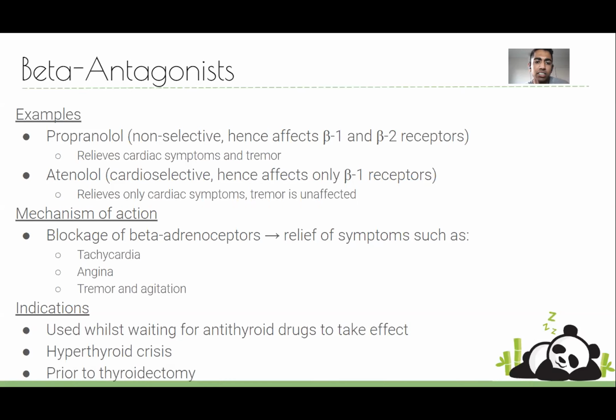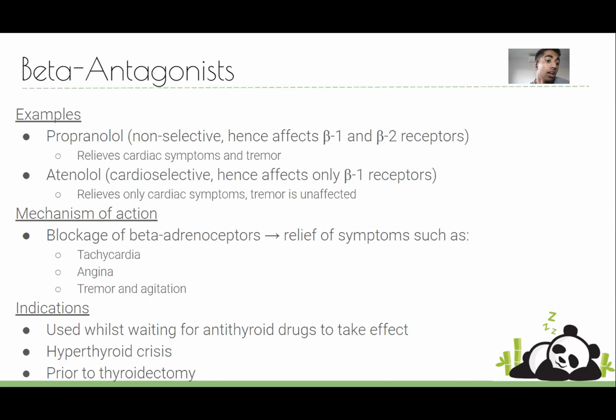So we use beta antagonists as our bridging drug. If people are going through a hyperthyroid crisis, an acute exacerbation of their hyperthyroidism, we can also use beta antagonists as a short-term treatment until it passes, or we can use them prior to surgery as, again, symptomatic relief before we fix the cause of their problem.